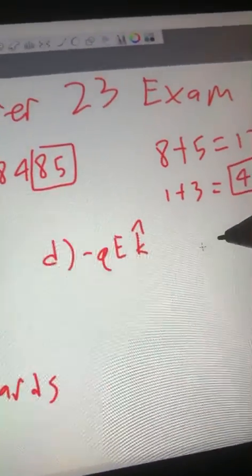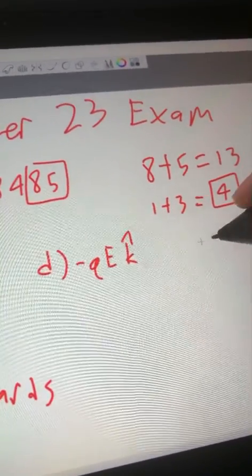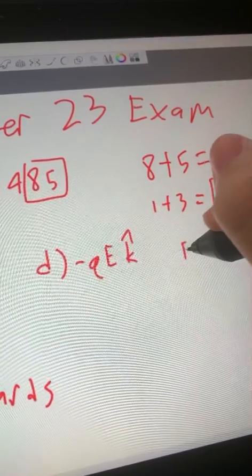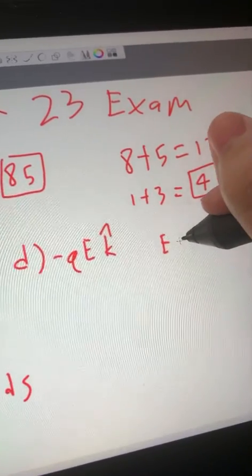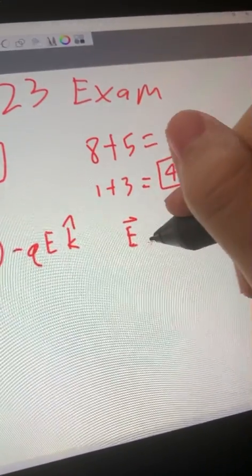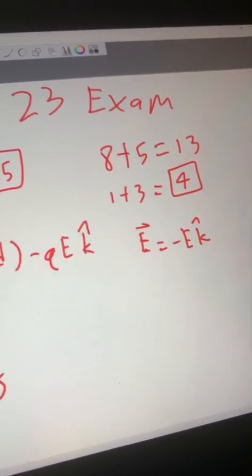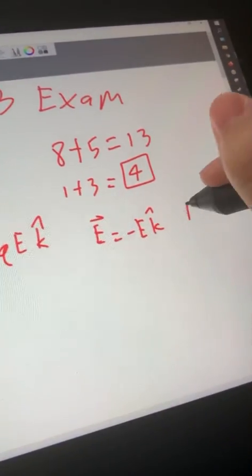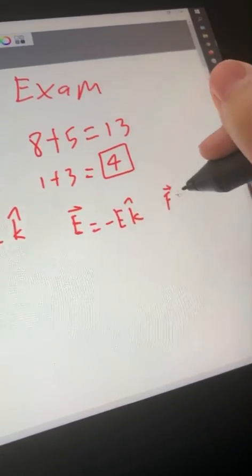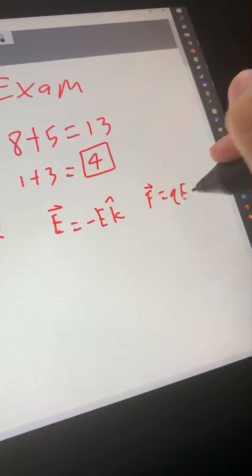And also, the force on the particle of charge Q in the electric field is equal to the equation F equals QE.